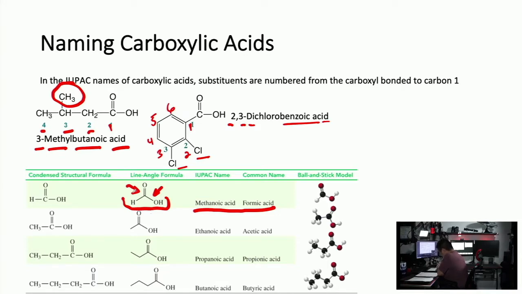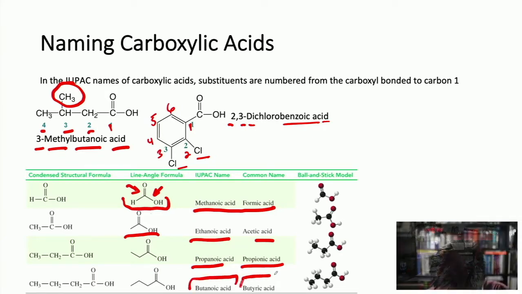So we already talked about acetic acid or ethanoic acid, and then we have propionic acid, and then we just talked about butanoic acid. And butanoic acid's common name is actually butyric acid, right?